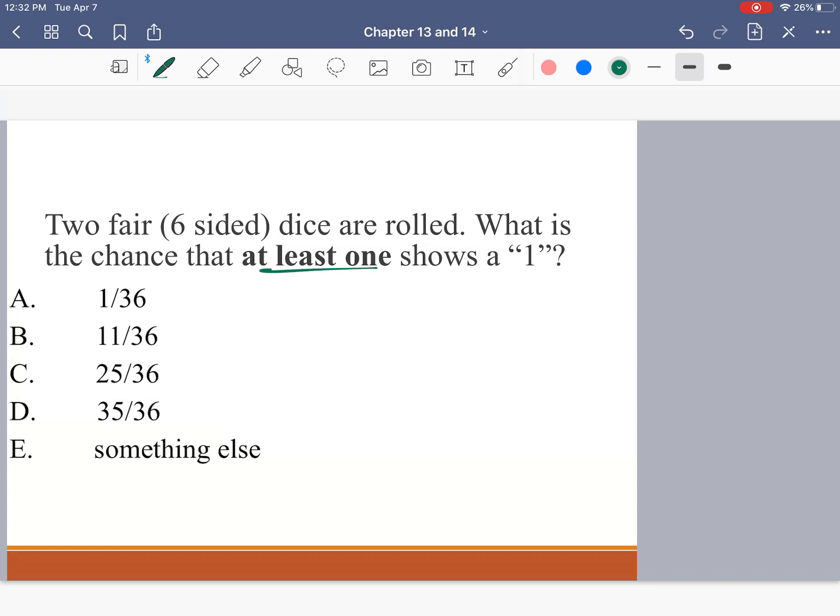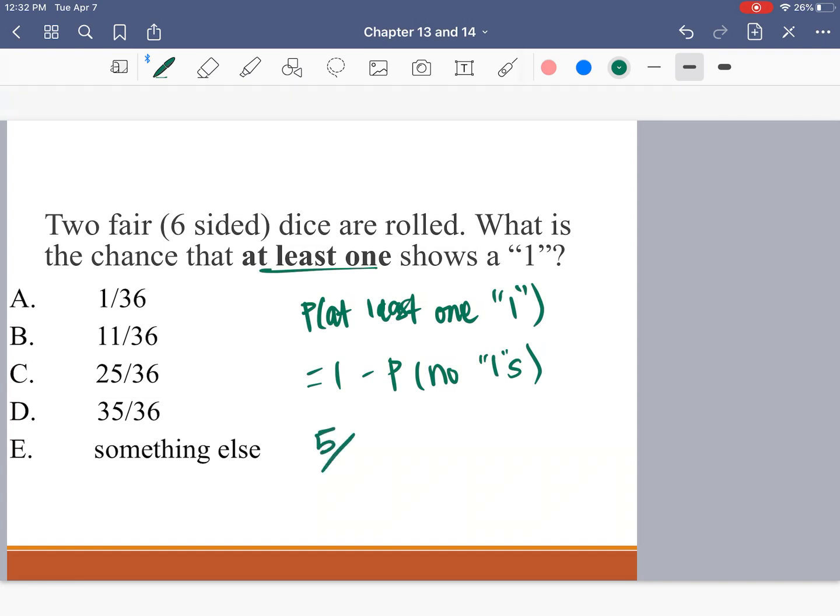So then we've got this question. If you roll two fair dice, what's the probability of at least one of them showing a 1? Well, the probability of at least one is equal to 1 minus the probability of no ones.